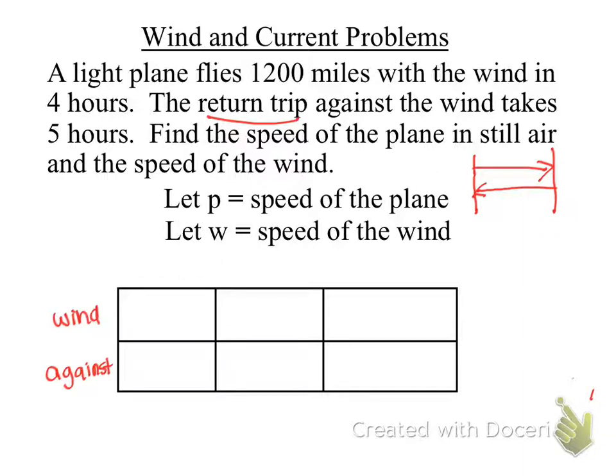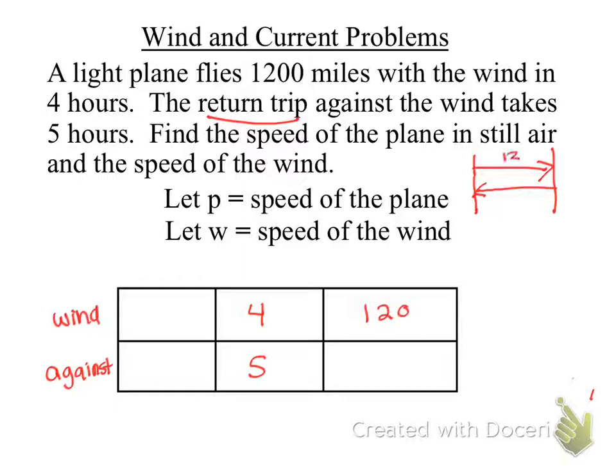Okay, so what is the time with wind? Josh? It's 4 hours. And against? 5. Okay. And then, do we know the distance? 1,200. With wind, against wind, or together? For each one.